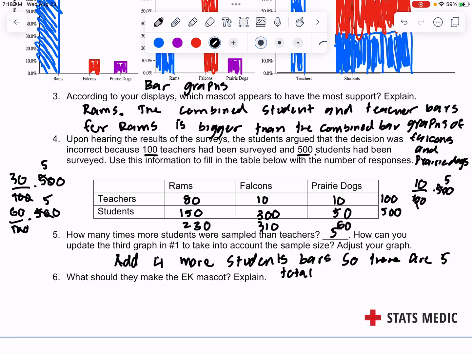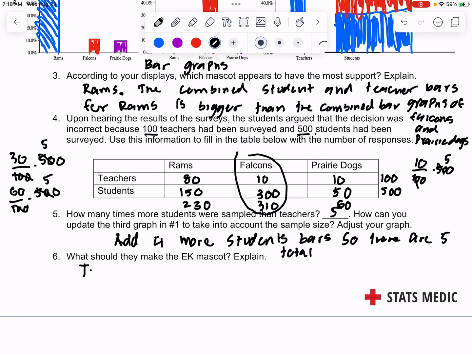So we see that the actual one that got the most votes was Falcons, right? So the Falcons received the most votes. And those vote counts were 310.